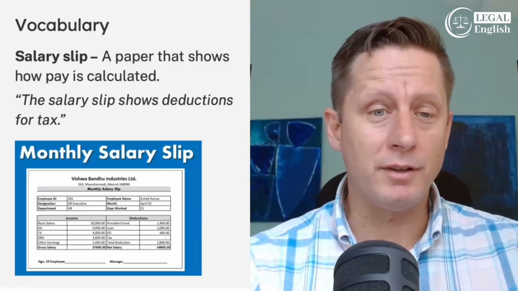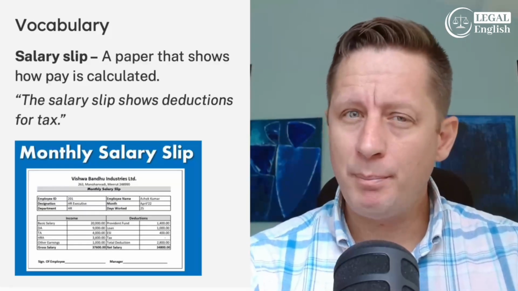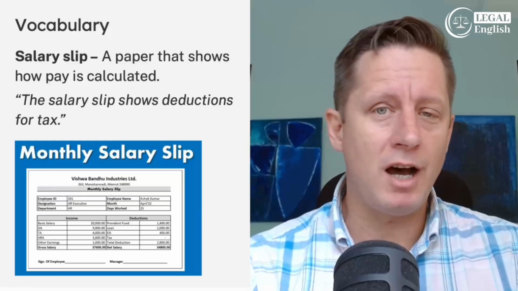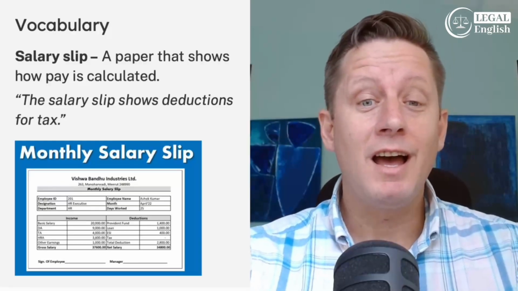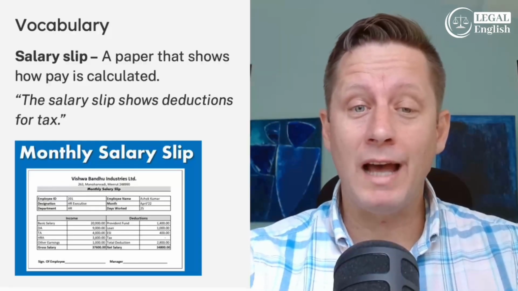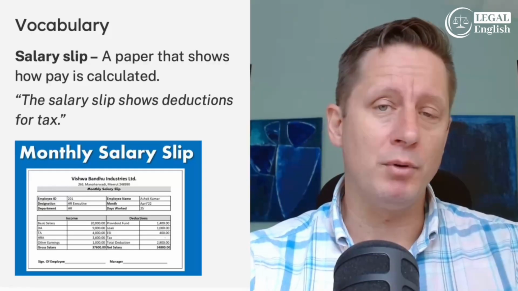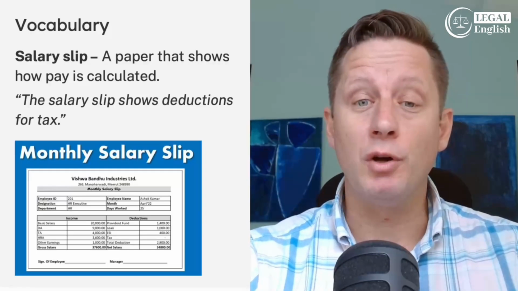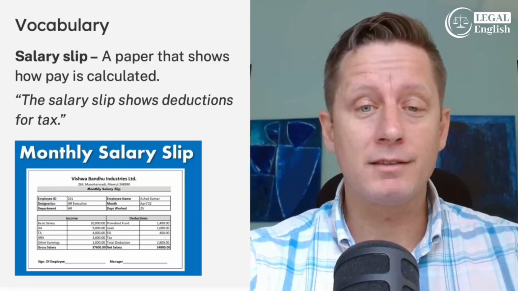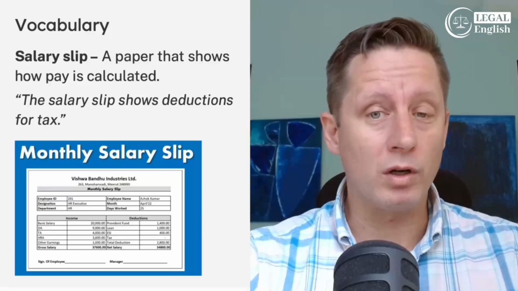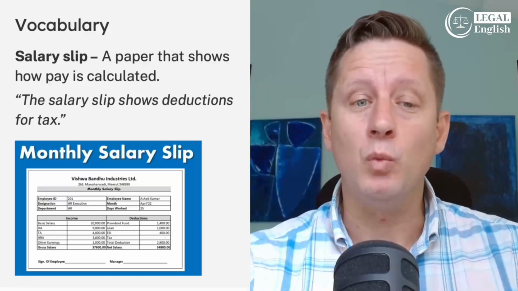A salary slip or pay slip is a piece of paper or digital document that explains how a worker's pay was calculated. For example, the salary slip shows deductions for tax. Imagine a worker earns $500 in 1 week.